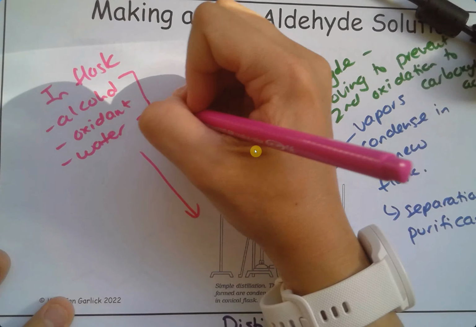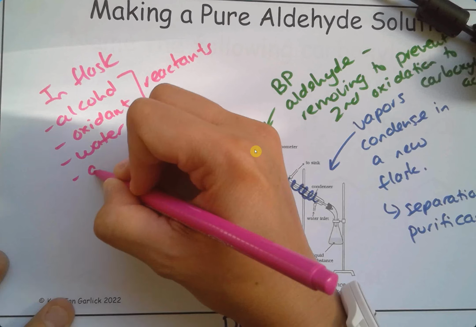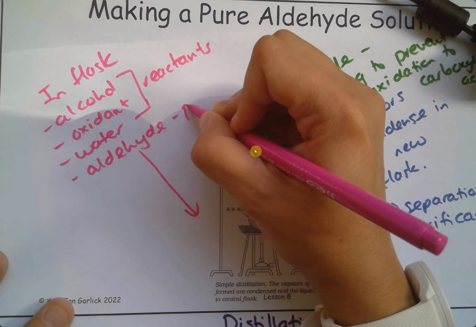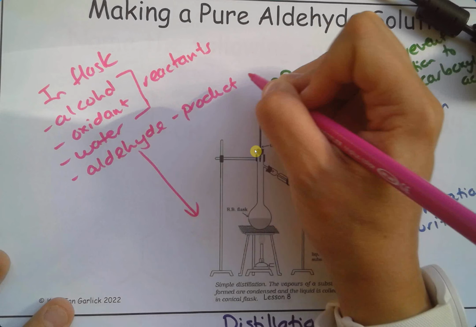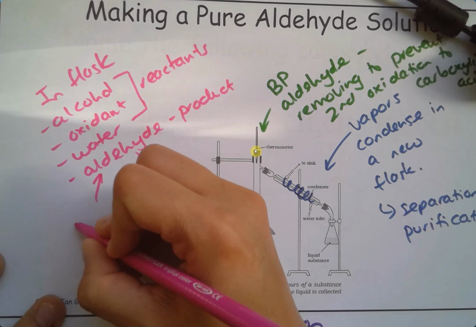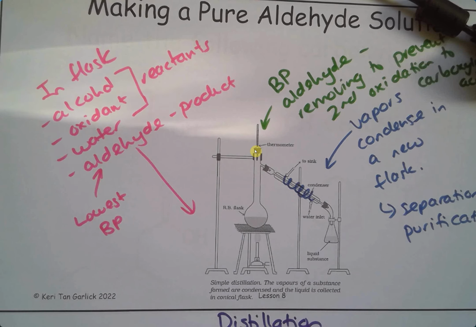So these are your reactants. Then I will be producing an aldehyde. That's your product. So when I'm looking at that list there, the one with the lowest boiling point is the aldehyde. And so that's how it's being separated out.